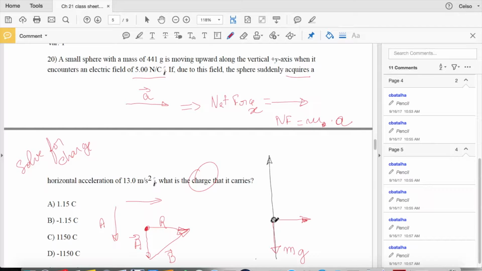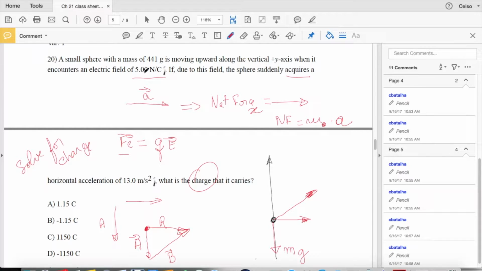In other words, then the electric field has to be something like this. But what is the electric field? How does it relate to force? Remember the fruit, kiwi? The electric force, and that is what goes in a free body diagram, is equal to QE.